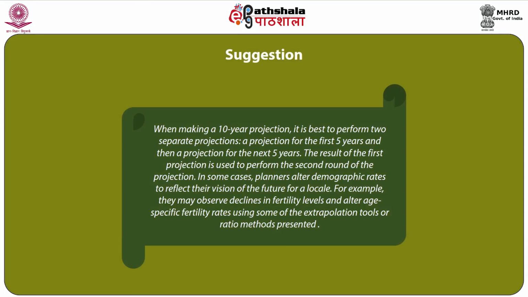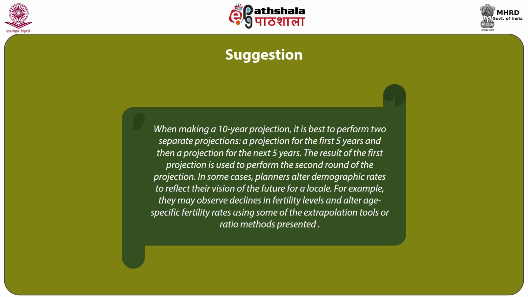There are major suggestions that are provided. When making a 10-year projection, it is best to perform two separate projections, that is, a projection for the first 5 years and then a projection for the next 5 years. The result of the first projection is used to perform the second round of the projections.